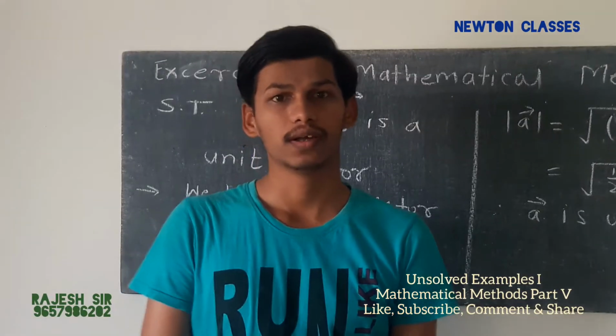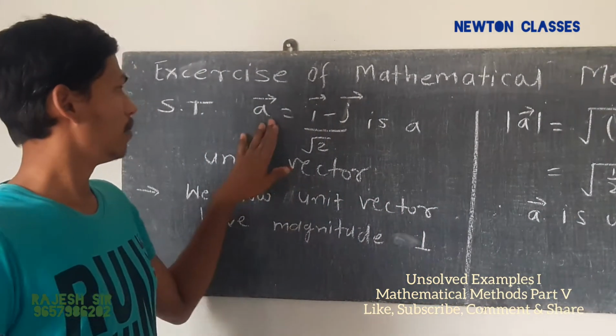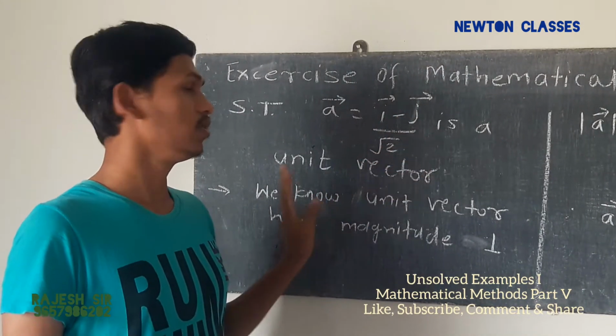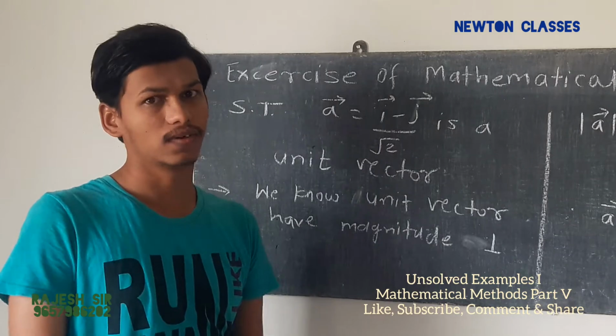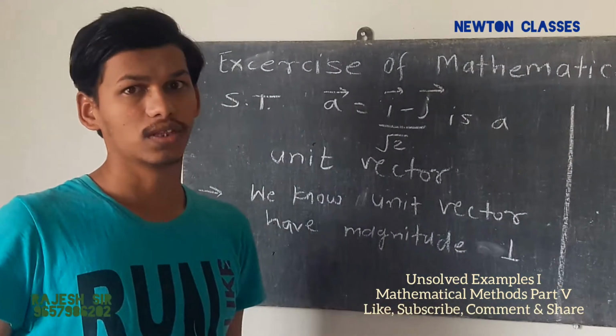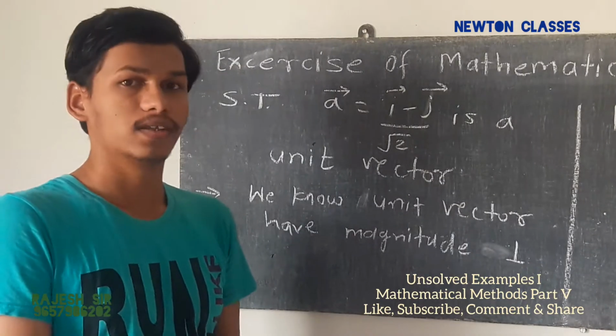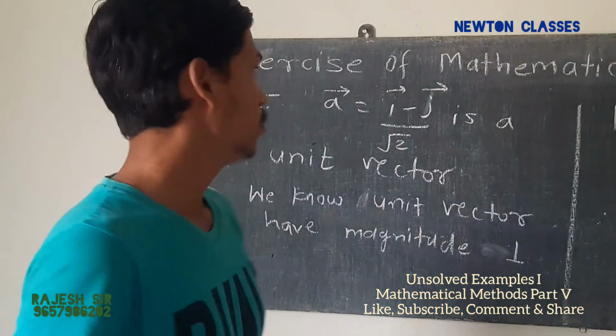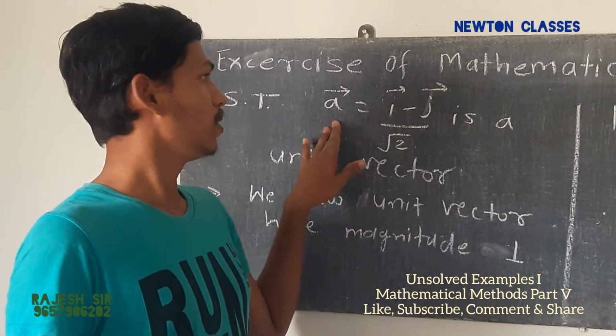In the next example, we have to show that a bar is equal to i bar minus j bar divided by root 2 is a unit vector. To show that the given vector is a unit vector, we have to show that its magnitude is equal to 1; the vector which has magnitude 1 is called a unit vector. So let us calculate the magnitude of a bar.